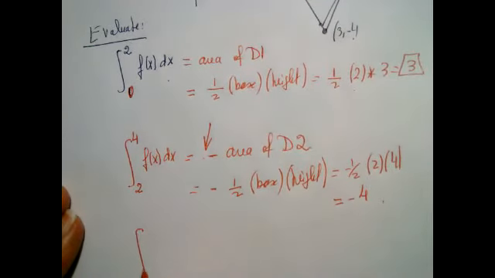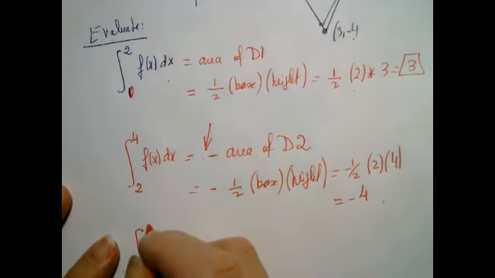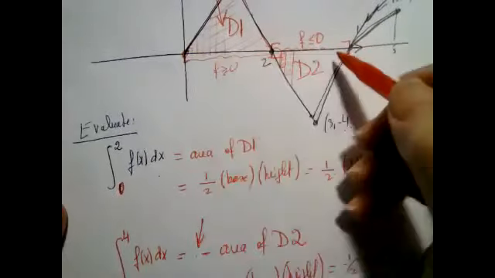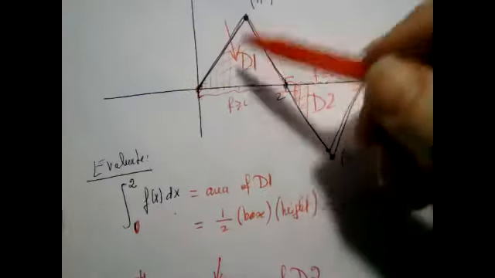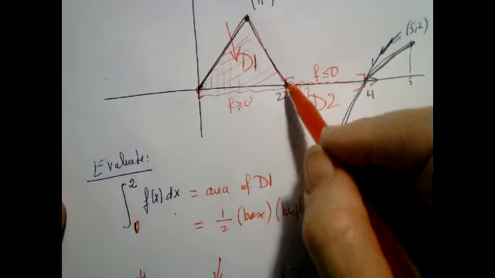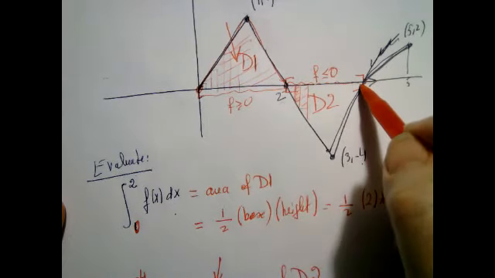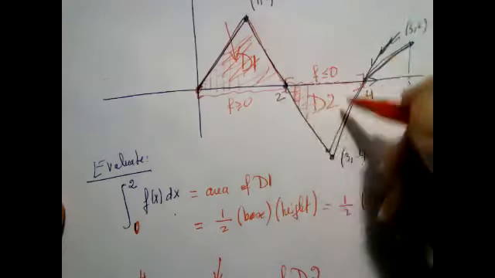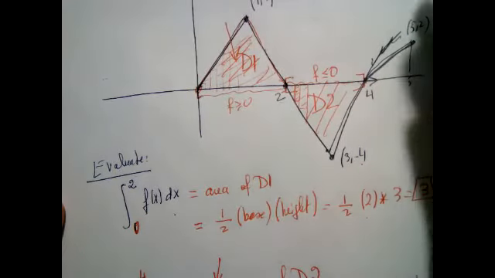Now, if I take the integral from 0 to 4 of f of x dx, what is this going to give me? My function is positive from here to here and negative from here to here. So the definite integral is going to be positive this area minus the other area.